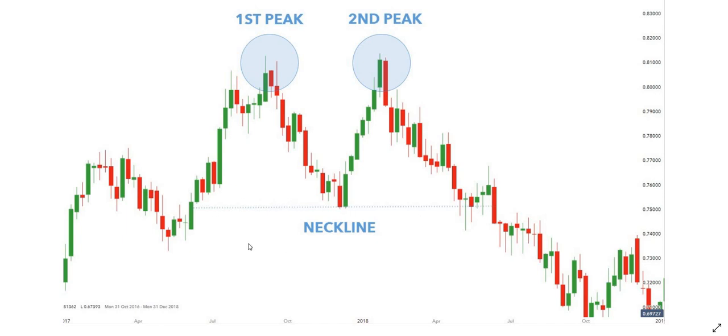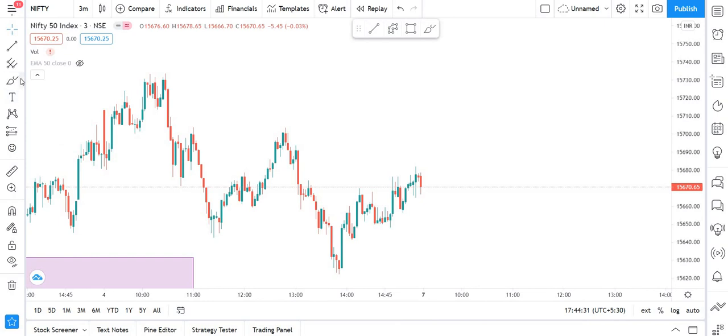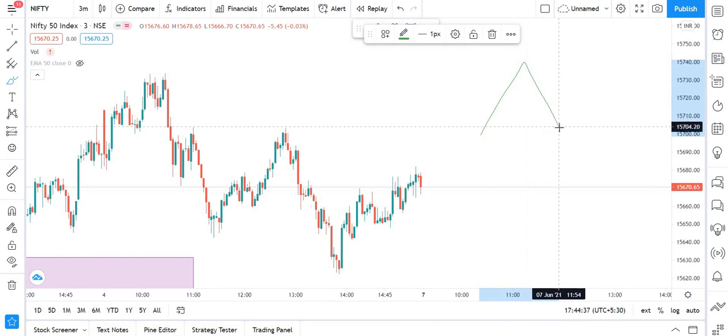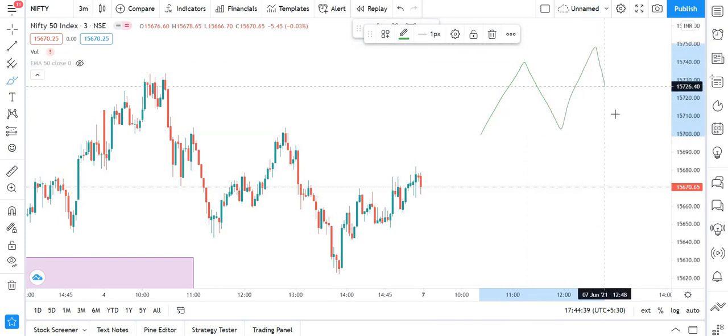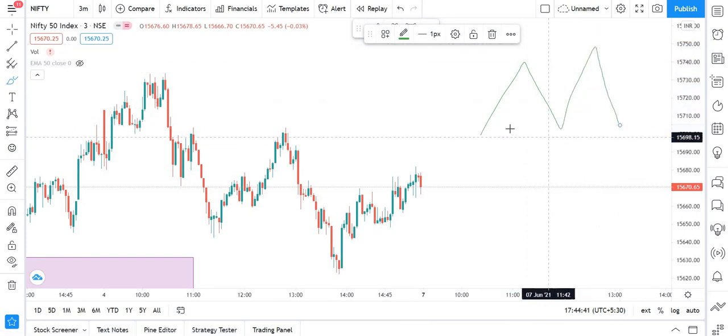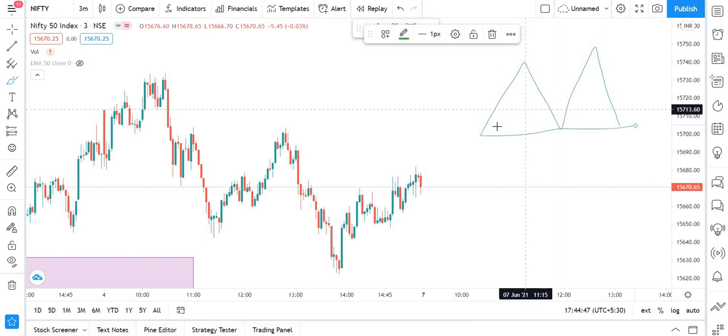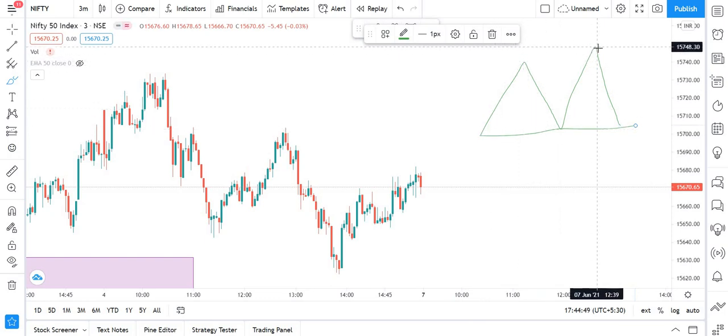Let me show you by drawing. This is the first top, this is the second top, and this is our neckline.